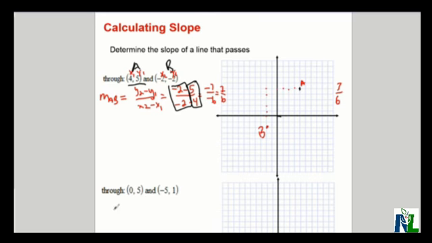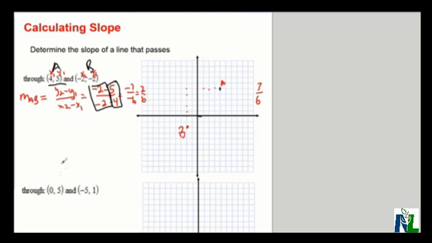I'll continue. I'm going to name this one now x2, y2, and this point here, x1, y1. Once again, you could put it on the coordinate grid and find it. But if you're given 2 points, you can find the slope using the slope formula.